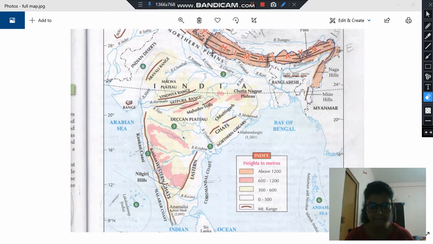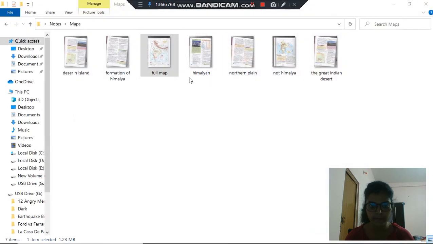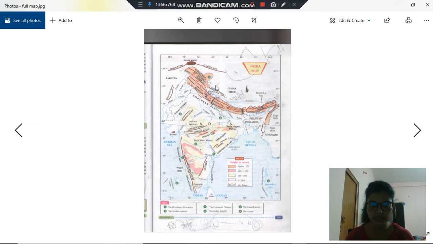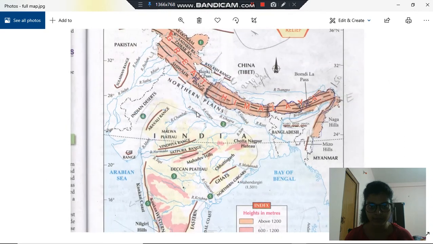So we see that the northern part, in the peach color, is Himalaya. Then in the south of Himalaya we have northern plains. Then in the south of northern plains we have peninsular plateau. Then on the west side we have the Indian desert.